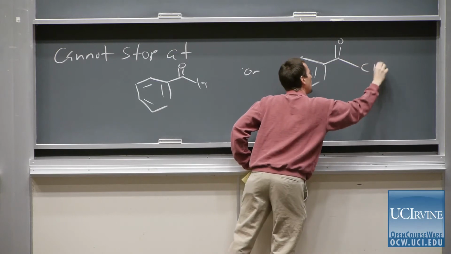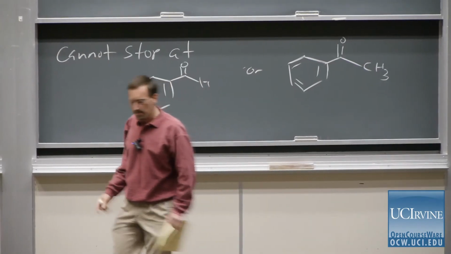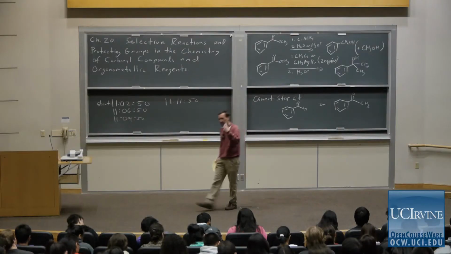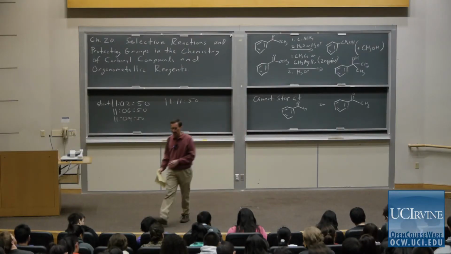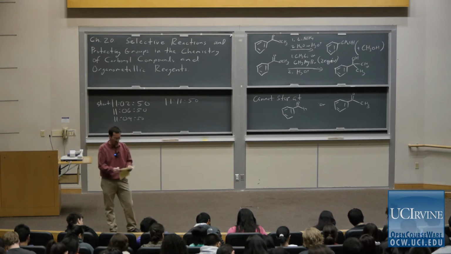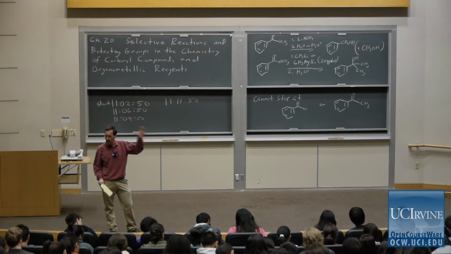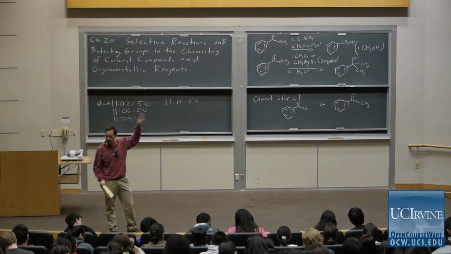And so organic chemists are all about control. We're all about being able to choose and to develop tools to make the chemical compounds that we want to make. And we have a conundrum here in the lack of selectivity, the lack of ability to select for the aldehyde or the ketone.